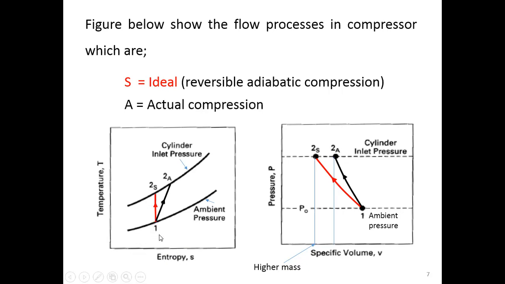So the first point is always the actual one, because we draw the air from the ambient. The second one can be either the ideal process or the actual process. For the ideal process, we draw a vertical line because there is no entropy change. But for the actual process, the question is whether this line goes right or left.